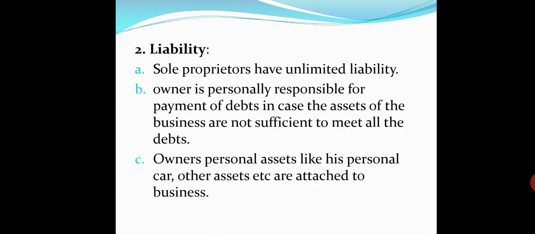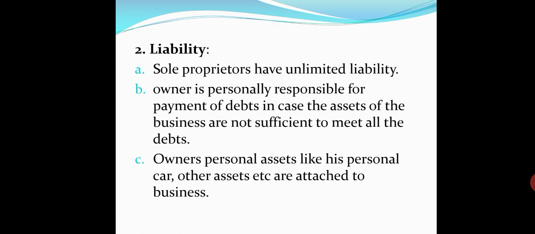The owner may possess some private assets, a house or maybe a car, and suddenly if he incurs a huge loss in the business, and after selling business assets some amount still needs to be settled, then he has to sell his personal assets and clear off the business debts.